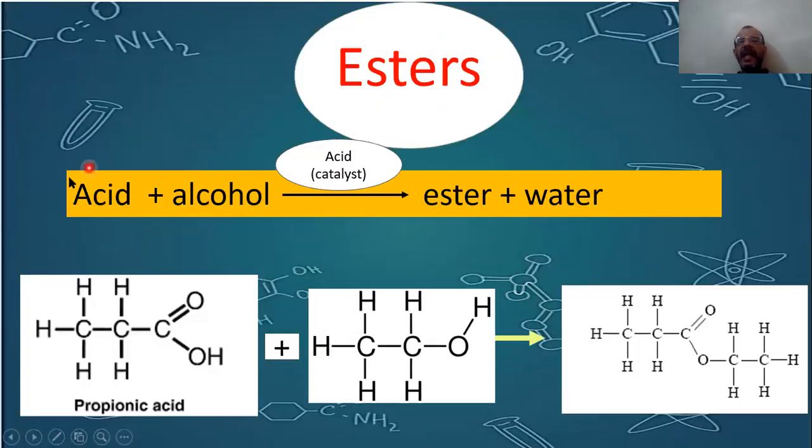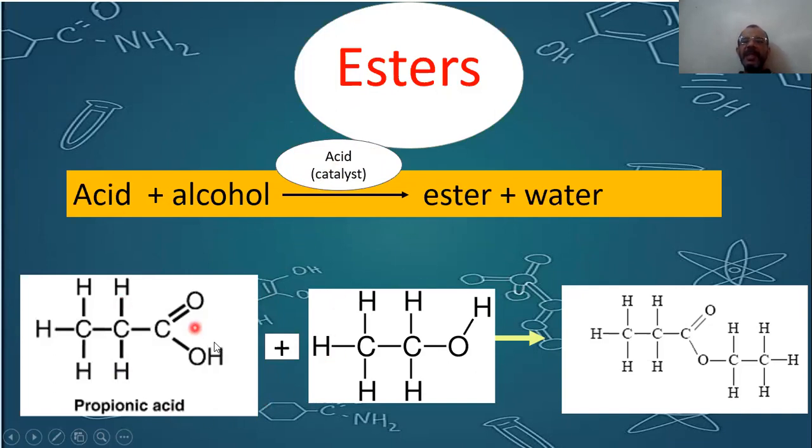Esters react. This one is the word equation. Acid reacts with alcohol in the presence of a catalyst or another acid like sulfuric acid to form ester and water. Some questions ask you, what are the conditions for formation of esters? Presence of acid or presence of catalyst.